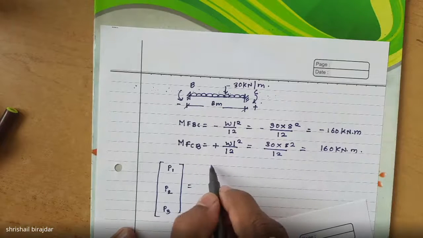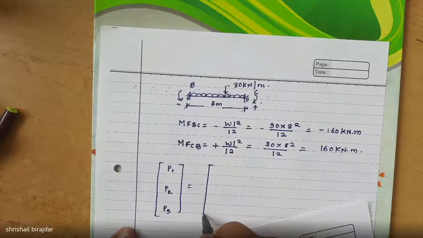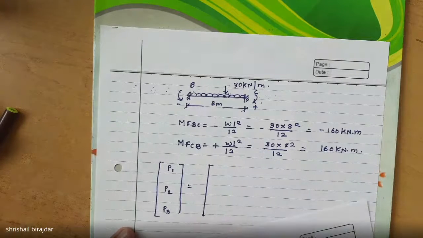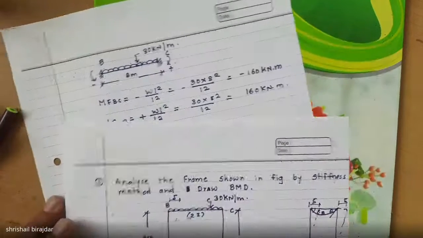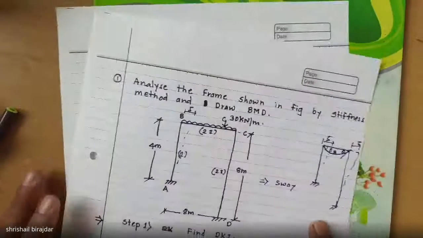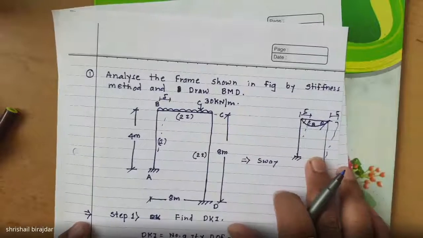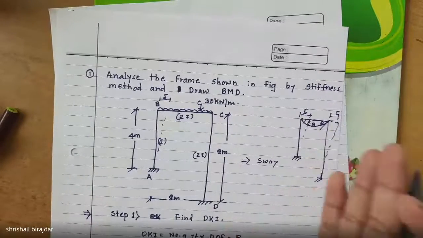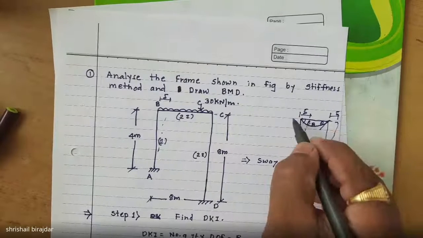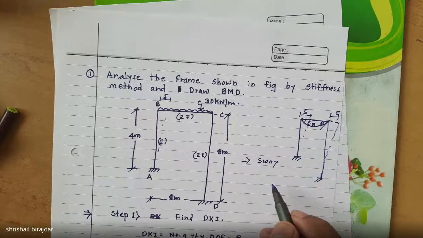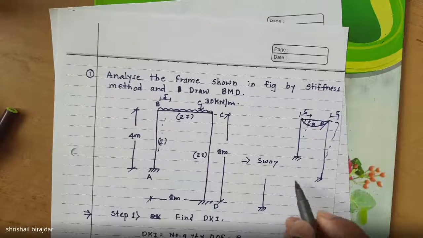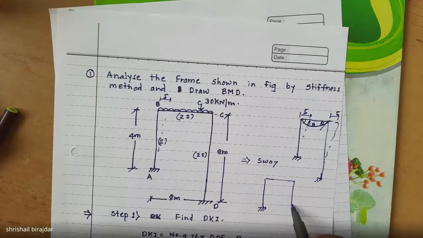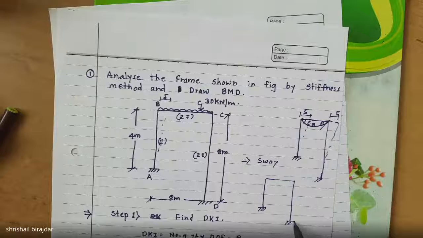P1 is nothing but at this particular location, translation. As I told, for the sake of our convenience, we are taking this particular frame as deflected towards the right side. So the coordinates which are generated here are exactly the same as those of the previously solved problem. You just again recollect those points.